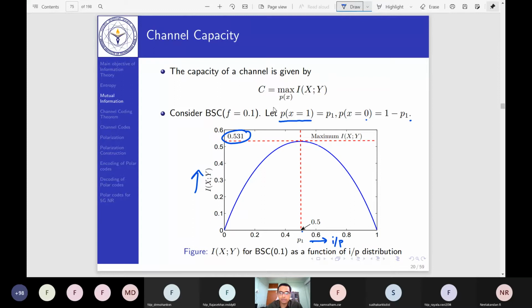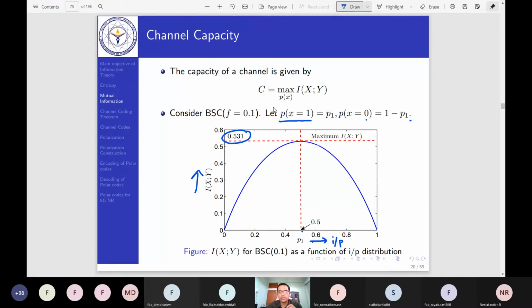So when P1 is equal to 0.5, in that case this maximum is obtained. It means for a binary symmetric channel, and in fact it will turn out that for any symmetric channel, the input distribution that maximizes this mutual information is the equally likely distribution, or the uniform distribution, on the input side.